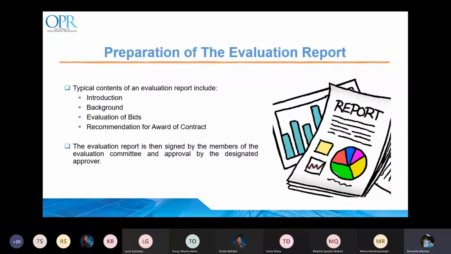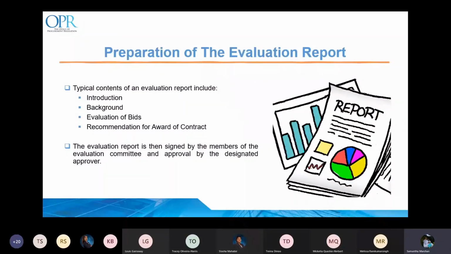It should also include any summary of critical issues relating to the evaluation and the criteria used to select the preferred supplier or contractor. If it is not possible at this stage to recommend a preferred supplier or contractor, the recommendation should then provide an outline of how to proceed.